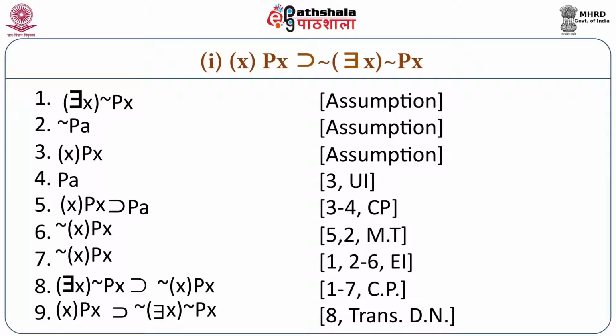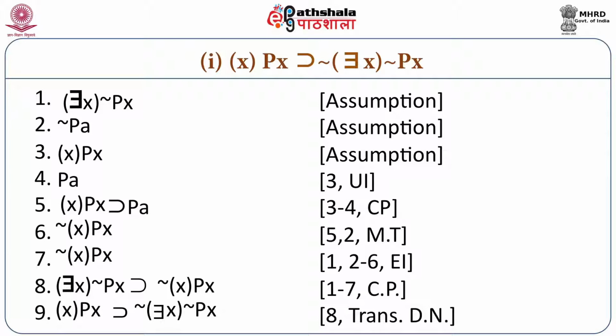That is 1 and 7 will give us step number 8. There is an x such that x is not P implies it is not the case that for all x, x is P. And by law of transposition and double negation, we have the step number 9, which is what we wanted to prove in the beginning.